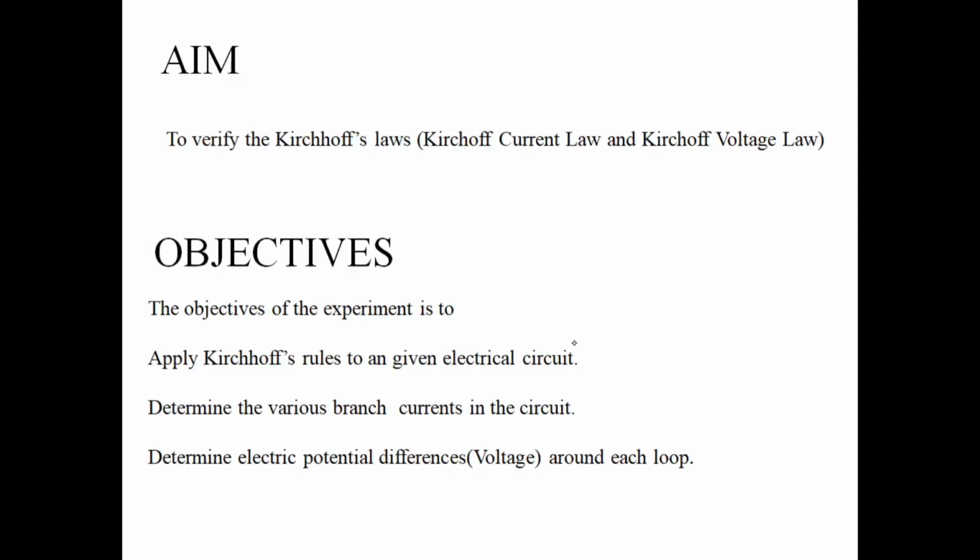Coming to the objectives, the first is to apply them to a given electrical circuit, and the second is to determine the various branch currents in the circuit, and also to find the voltage or potential difference around each loop. These are the basic objectives of the experiment.